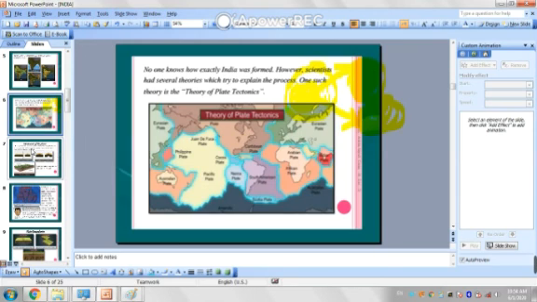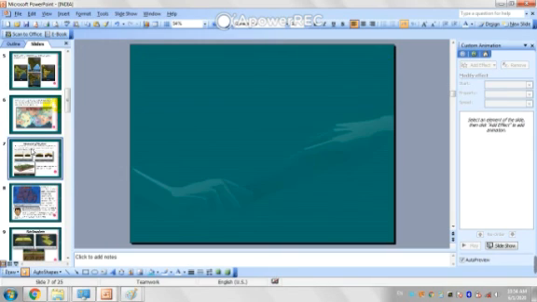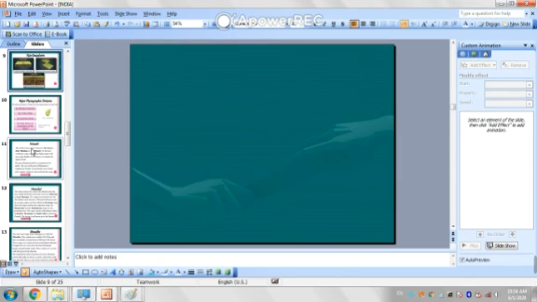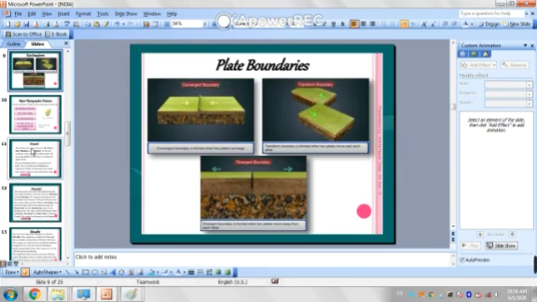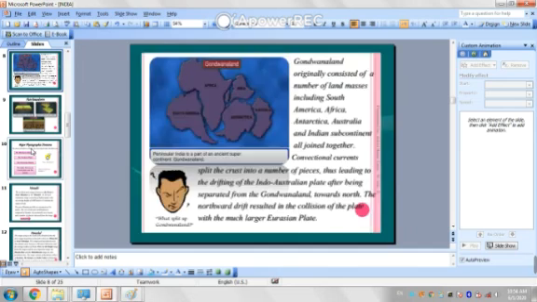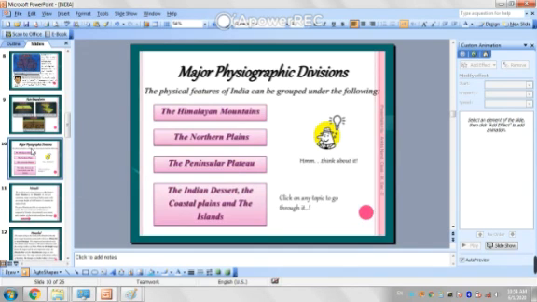We already covered the theory of plate tectonics, the movements of plates, and plate boundaries, and the five important physical structures: Himalaya mountains, northern plain, peninsular plateau, Indian deserts, and the islands.